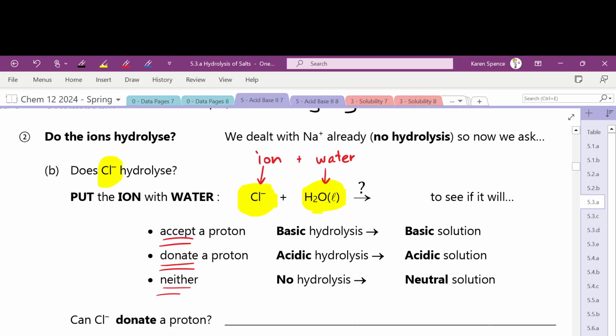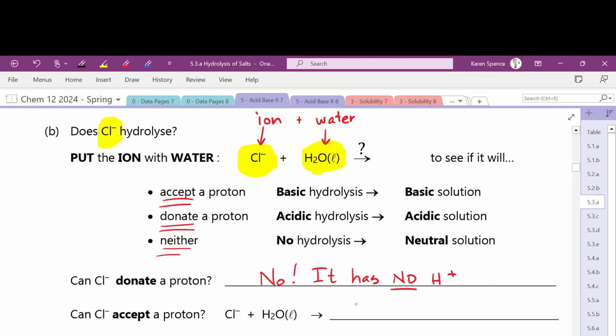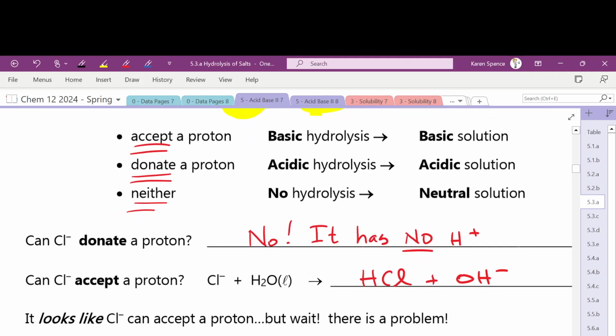Can Cl- donate a proton? No, it has no H+. Can it accept a proton? Let's take a look. HCl plus OH-. It looks like chloride could accept a proton, but wait, there's a problem.